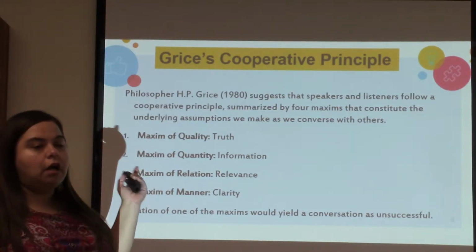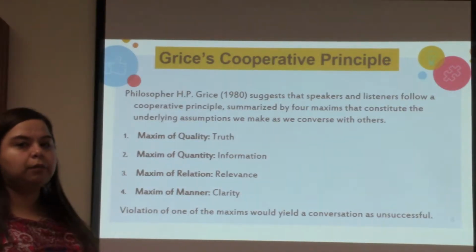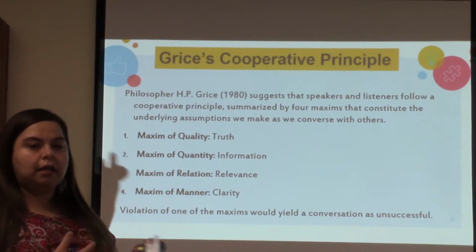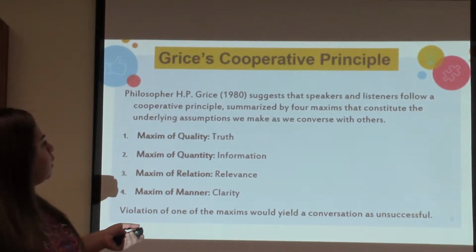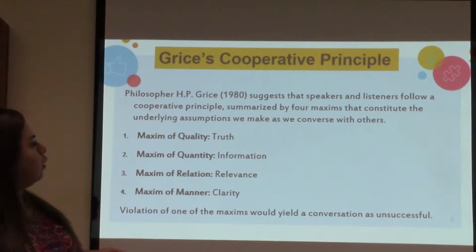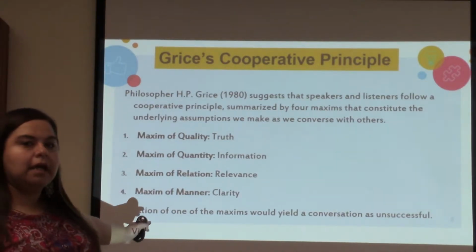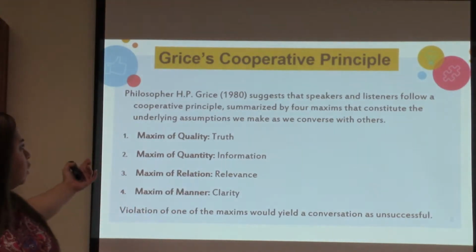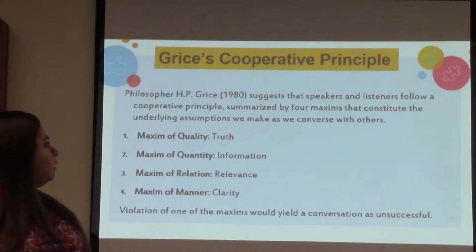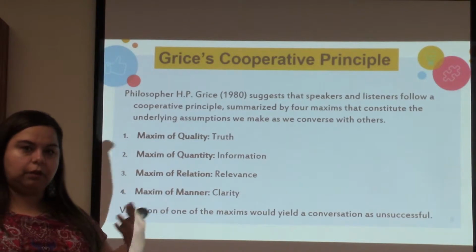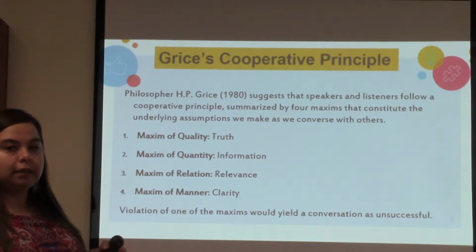The authors mention Grice's principle, which is what they believe is happening between the two people involved in the conversation. They suggest that speakers and listeners follow this cooperative principle, and they summarize it in four maxims that happen as we converse with others. The first is the maxim of quality, of truth: stick with the truth and make correct statements.